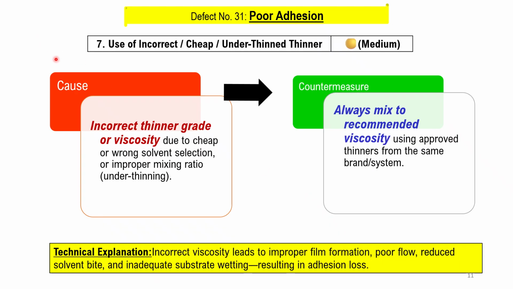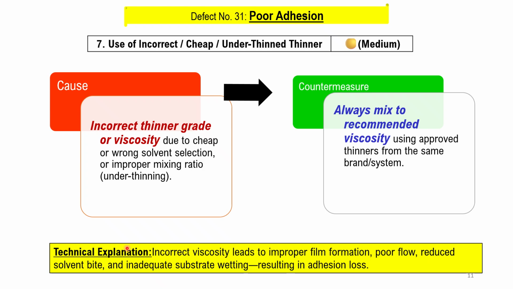The seventh probable cause could be use of incorrect, cheap thinner. That is, incorrect thinner grade or viscosity due to cheap or wrong solvent selection, or improper mixing ratio, that is under-thinning.